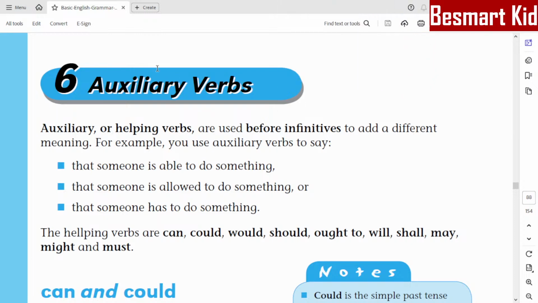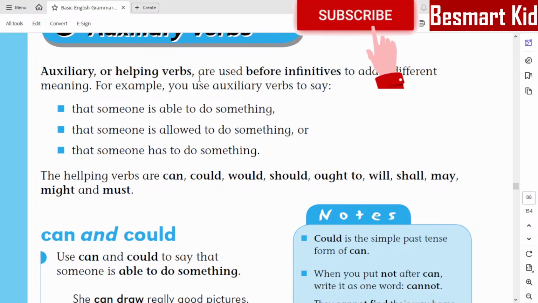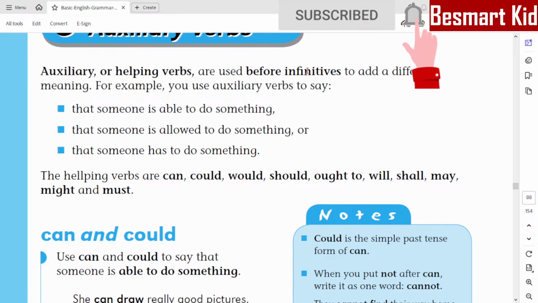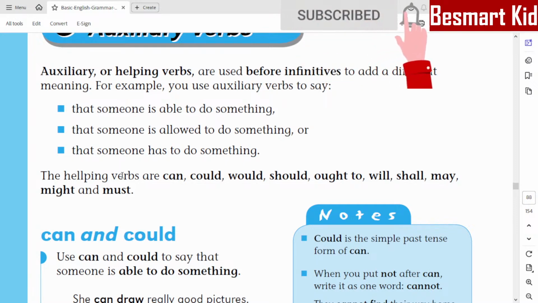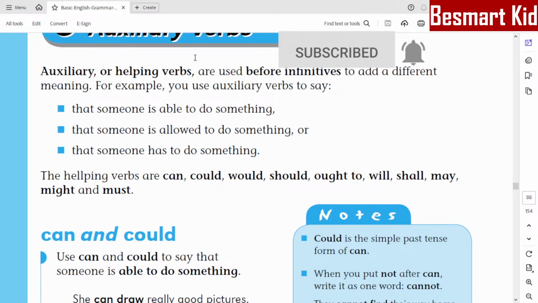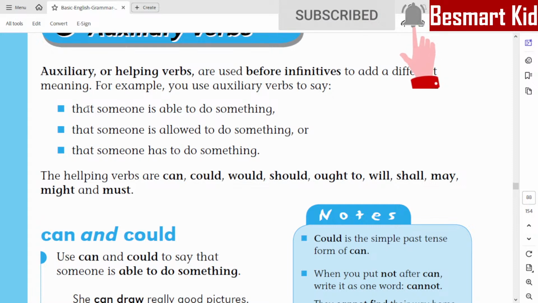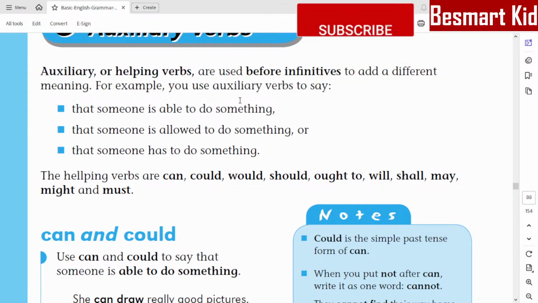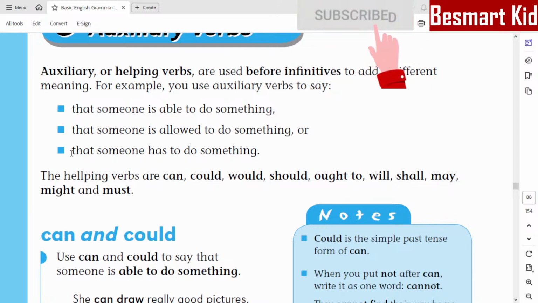Today, we're going to have the auxiliary verbs. Auxiliary or helping verbs are used before infinitive to add a different meaning. For example, you can use auxiliary verb to say that someone is able to do something, that someone is allowed to do something, or that someone has to do something.